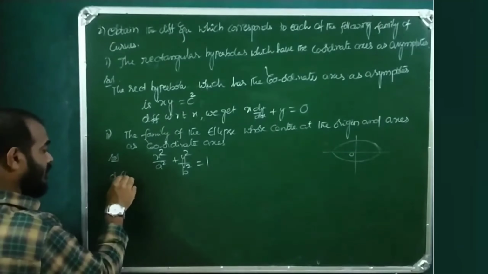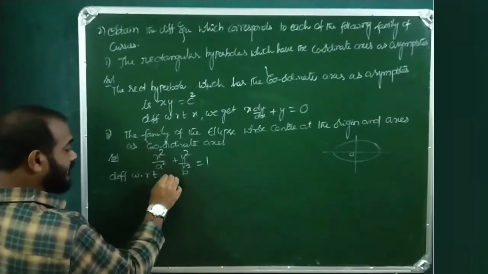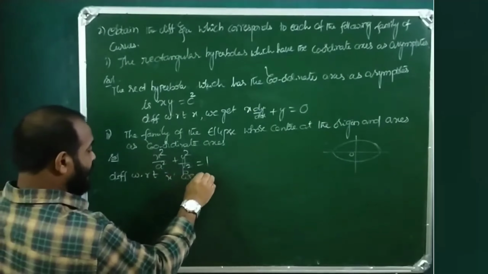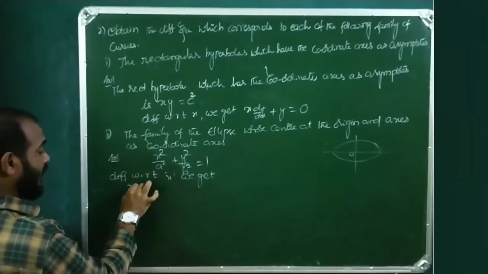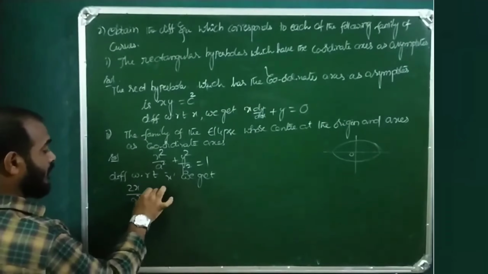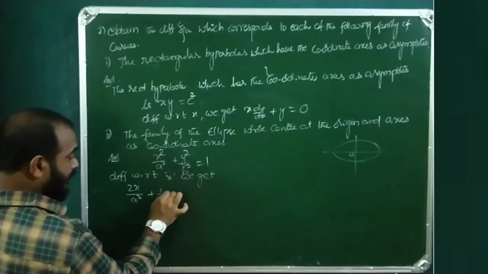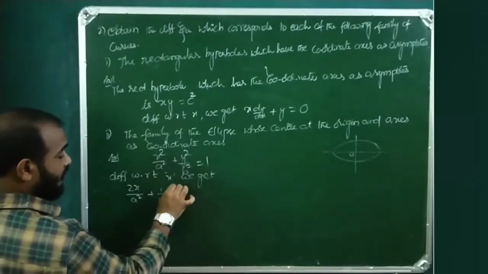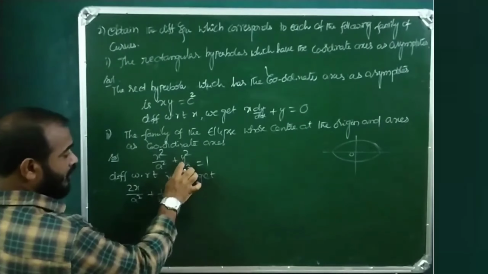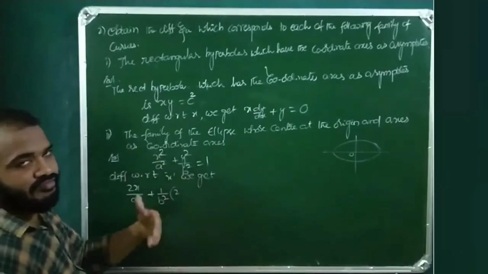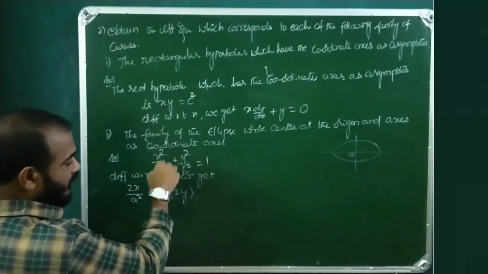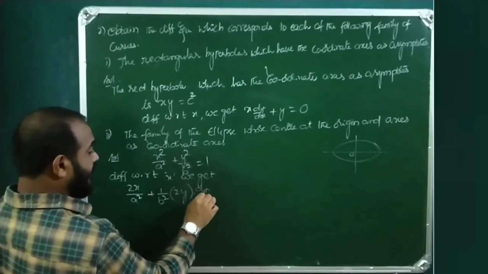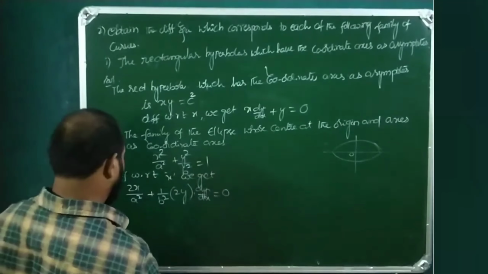Differentiating with respect to x, we get 2x by a square plus 1 by b square into the derivative of y square, which is 2y, treating y as a function of x, so 2y into dy by dx equals 0.